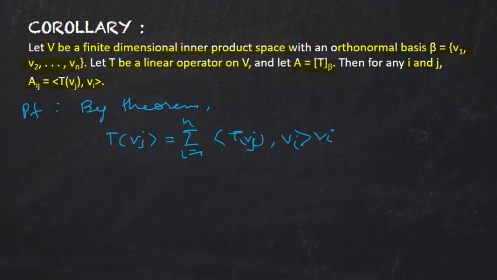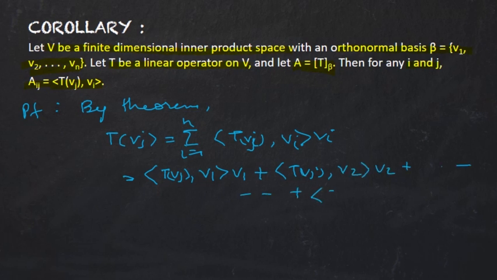So here we have represented T vj as the linear combination of the basis vectors vi. So this is basically equal to the inner product of T vj with v1 times v1, plus the inner product of T vj with v2 times v2, and so on till the inner product of T vj with vn times vn.